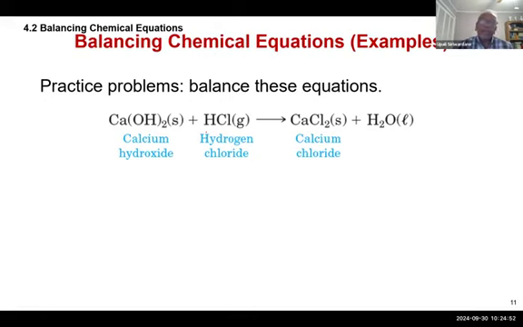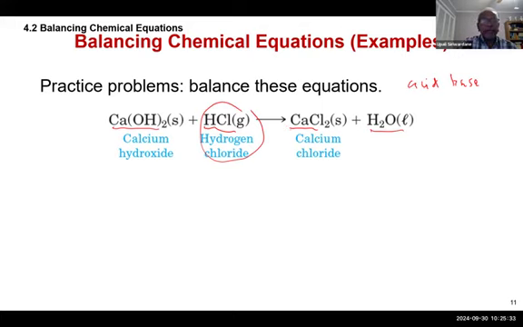Let's do some practical problems on balancing reactions. This is an acid-base reaction. The acid is hydrochloric acid, hydrogen chloride, and calcium hydroxide. These have certain common properties which acids show, HCl. HCl is an acid. A salt is formed and water is formed. The salt is calcium chloride.